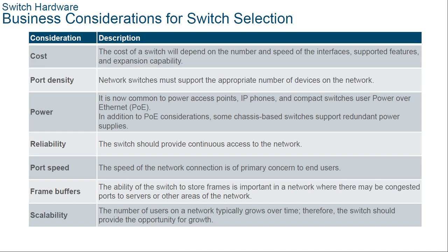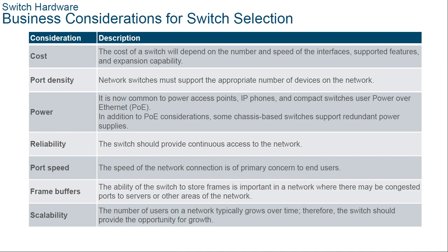And then about reliability, the switch should provide continuous access to the network. This means users can trust them, the access is reliable, the performance is good, and the delay will be minimized. Reliable, can be trusted, can be relied on, right? This is reliability.